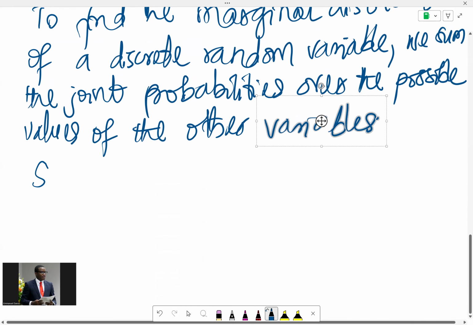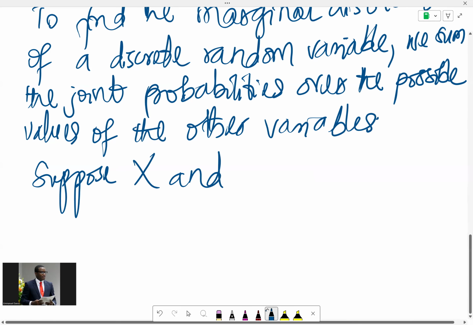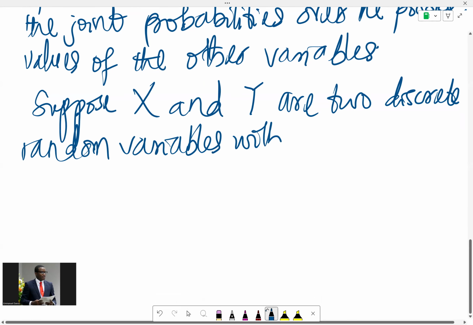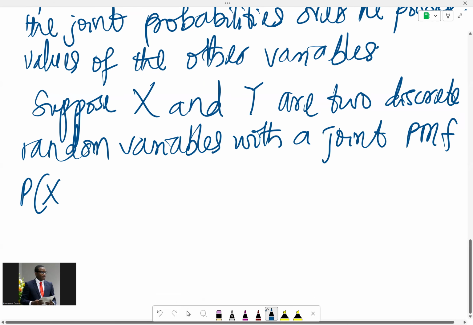So suppose X and Y are two discrete random variables with a joint probability mass function P of X equals x, Y equals y.